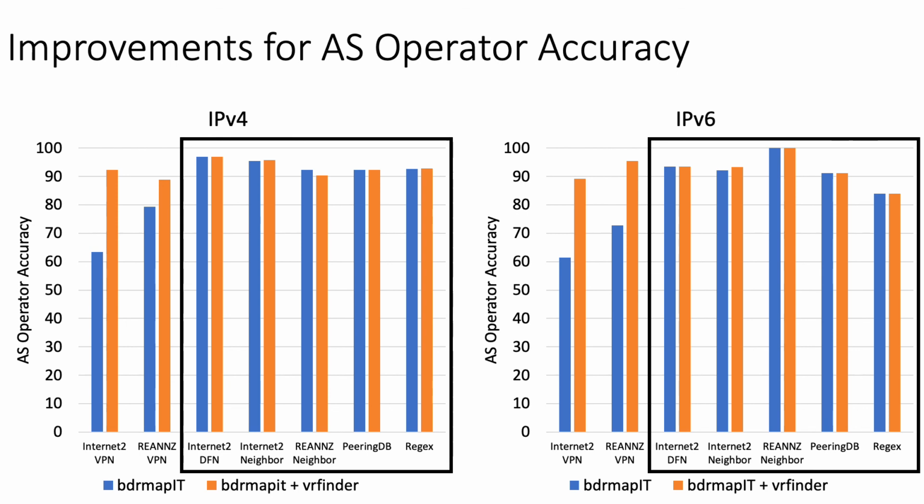And then second, we evaluated bdrmapIT's accuracy for default forwarding addresses in five other validation datasets. And our modifications had nearly no effect on these inferences, showing that our modifications properly discriminated between outbound and normal traceroute responses.